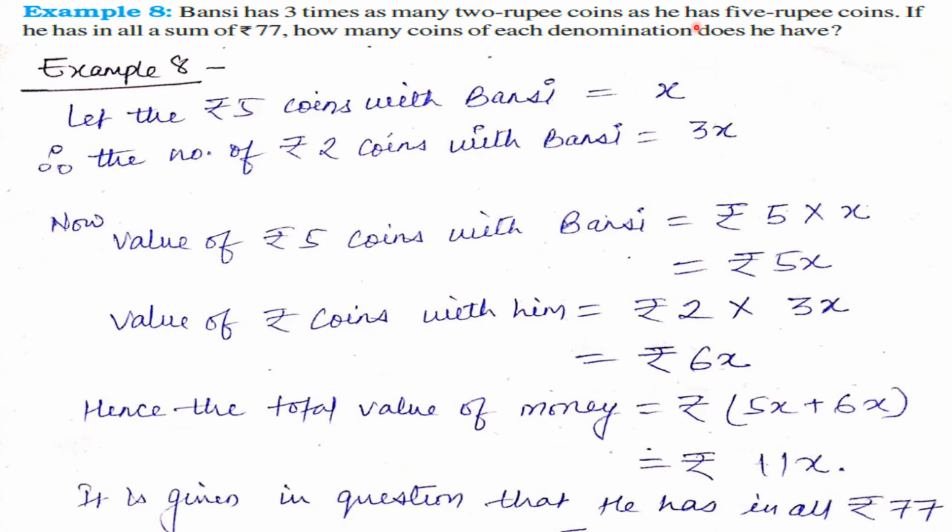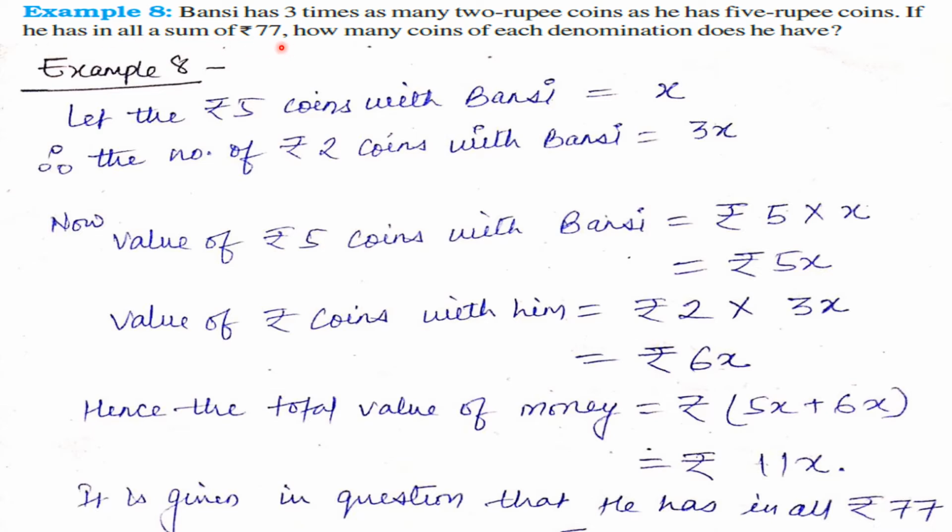Now if he has in all a sum of rupees 77, now it is saying the value of total money he has is how much? Rupees 77. So you can see in the first line question is talking about number of coins. In the second line it is talking about amount or the value.